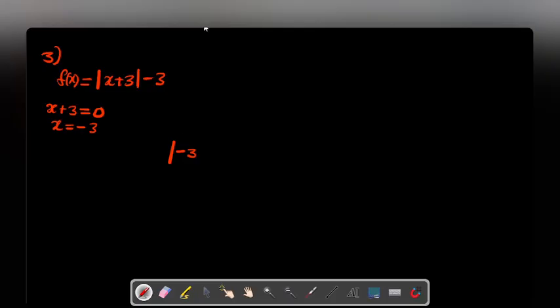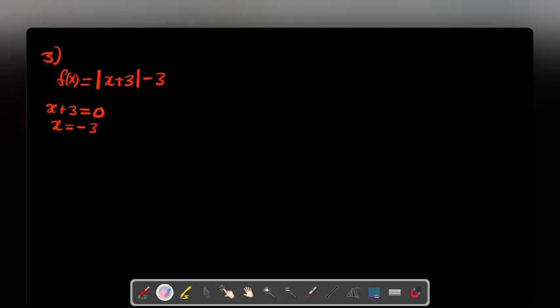From -3, we need to move backward by 2 units. So from -3, we have -2 and negative 1. Okay, so these points are enough. Then again, from the vertex, we need to move forward by 2 units. So we have now, so here I've just made an error.